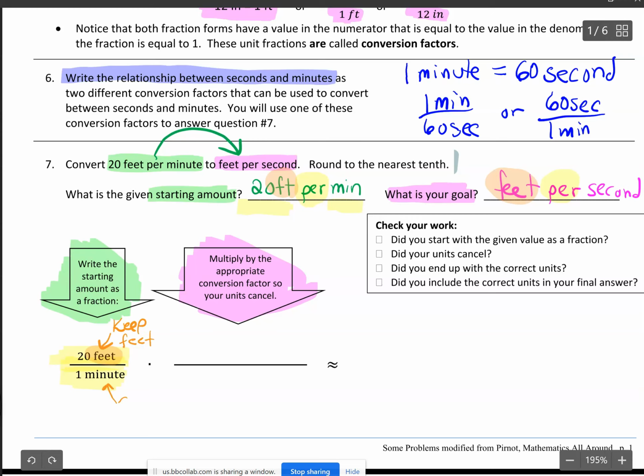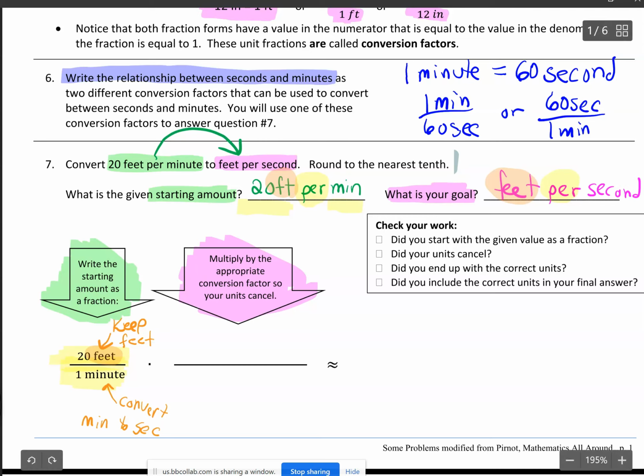So we want to convert the minutes to seconds. And I know this one was easy enough. You could do it other ways, right? You could probably do number sense or proportions or lots of different ways. I'm just showing you using this analysis method so we can work our way up to the harder problems.